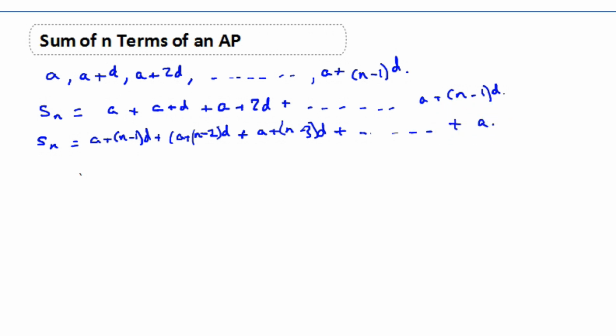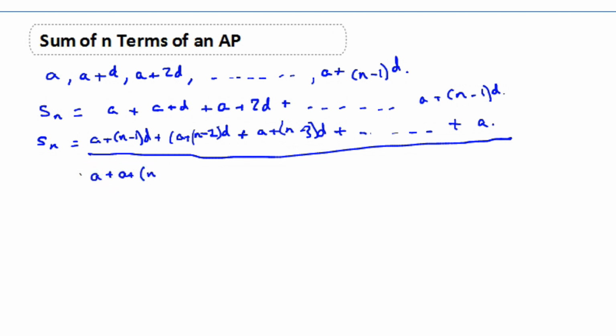And if you add them together, the sum of this would be a plus n minus 1 times d, plus this, by the previous example we know it's the same as a plus n minus 1 times d, and so on, and the sum of the last two terms would also be a plus n minus 1 times d.